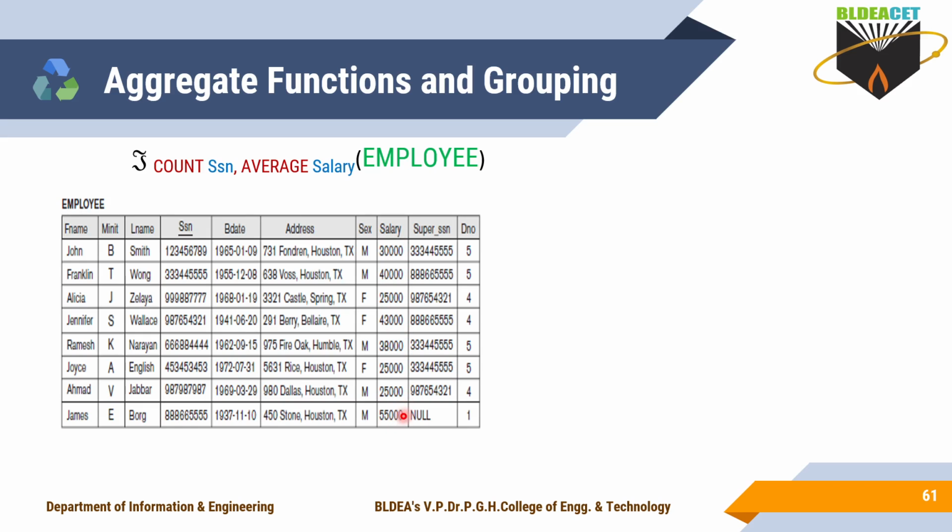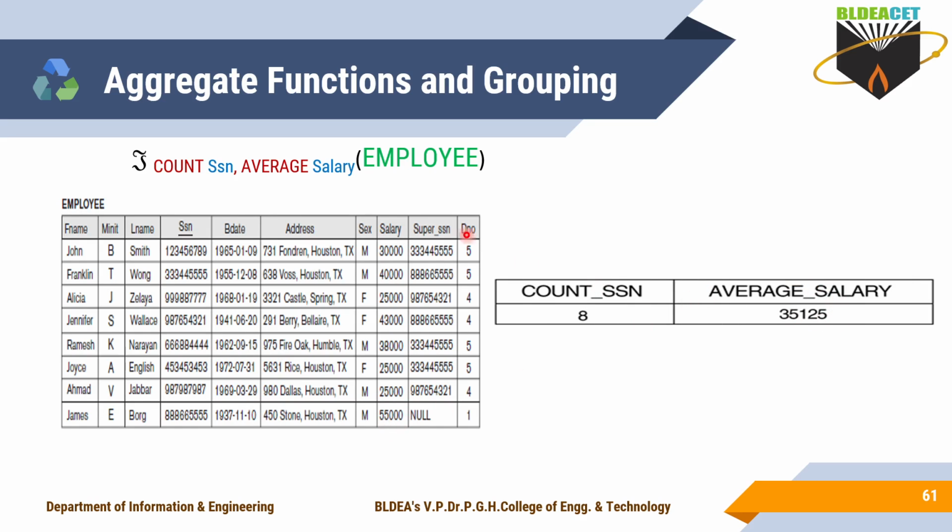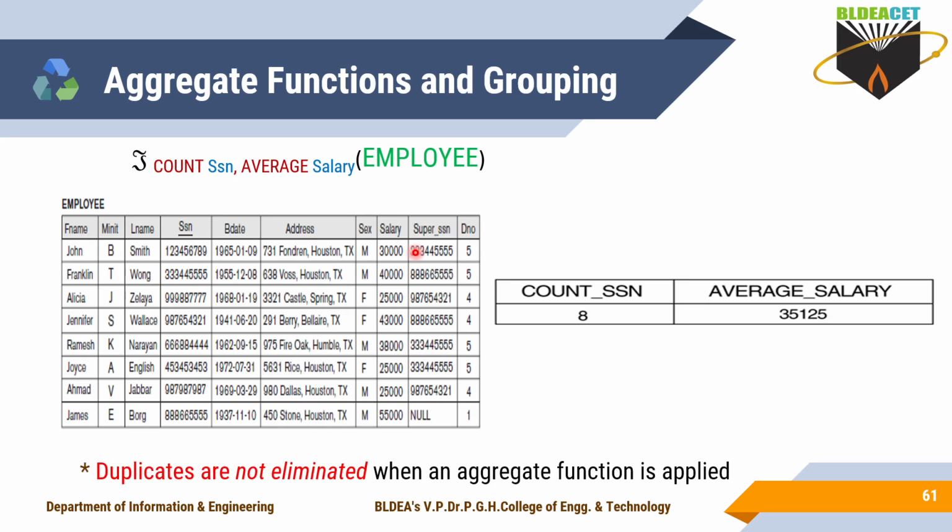So it adds up all the salaries and divides by 8. That is what we get as the average, and that average salary you are getting here. So this is the output of this aggregate function. It counts how many employees work for that particular department, the employee count as 8, and the average salary of all the employees. This is your result here. So this is how the aggregate function works.